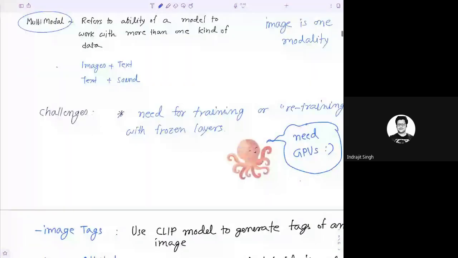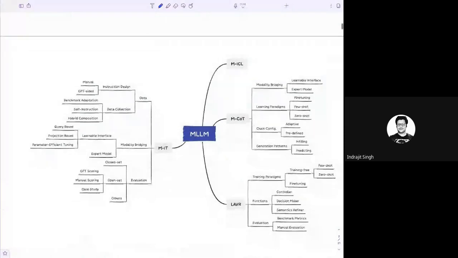So let me quickly summarize what are the things we are going to discuss. This MLLM, multimodal language model, has multiple variants, right? Something like MIT, MICL, MCOT, and LAVR. On each of them, you can see some of the trees talking about modality bridging, data, and evaluation.